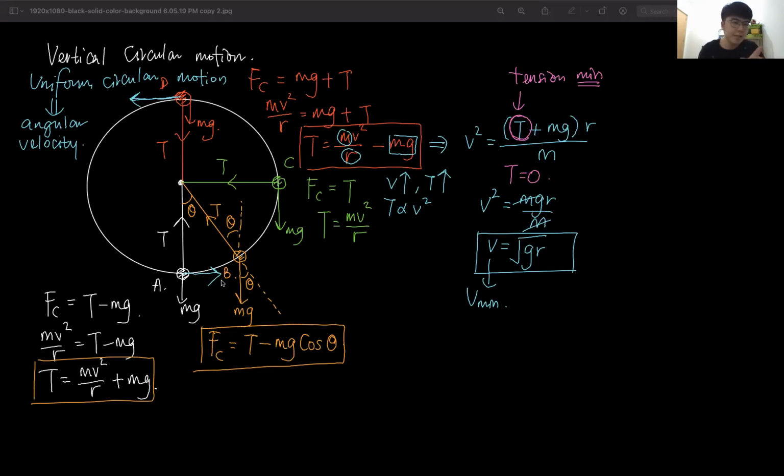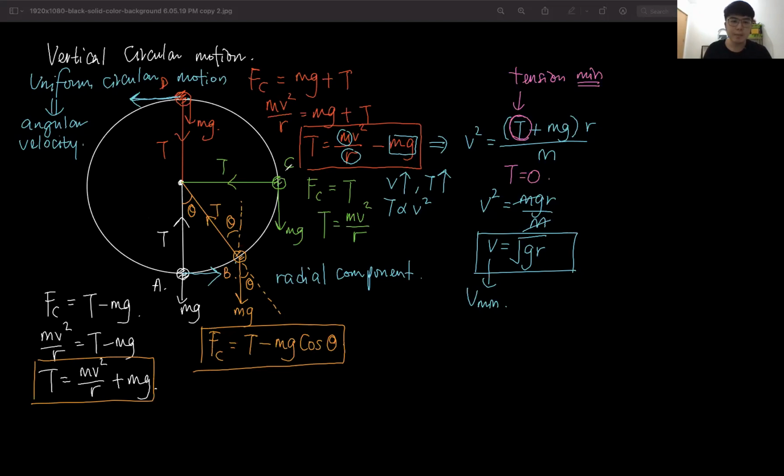At all points in the circle, at point A, at point B, at point D, mg is relevant, because mg has a radial component. A radial component means anything pointing to the center, like the tension, which is always pointing to the center. So mg also has its radial component here, here, here, except at 2 points.